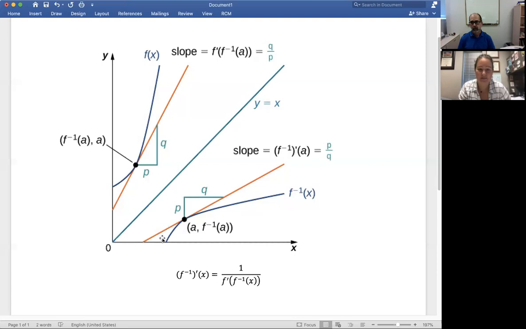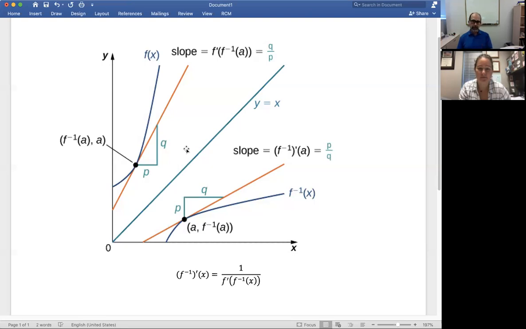Right. So then the question comes, if you're reflecting it, how does that reflect in terms of the actual values? Well, if we're saying the slope of the inverse function at the tangent line is p over q, if we switch the x's and the y's, remember slope is rise over run. The rise is the change in y. The q in the denominator is the change in x. That's the run.